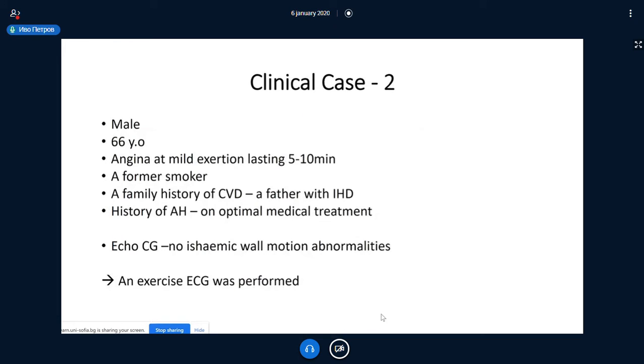A second case is a 66-year-old male. Again, in your clinical practice, you are going to see that coronary artery disease patients are more than 60% male and not female, because female hormones protect the female population from coronary artery disease.